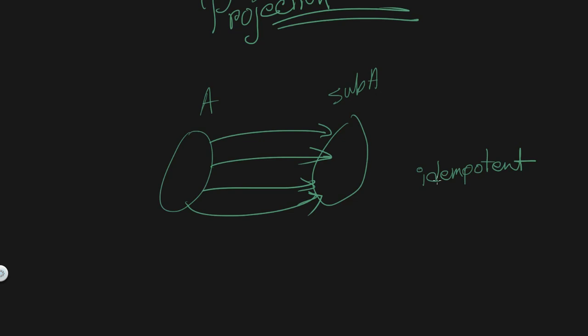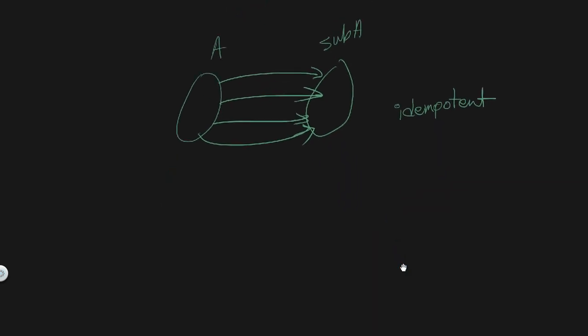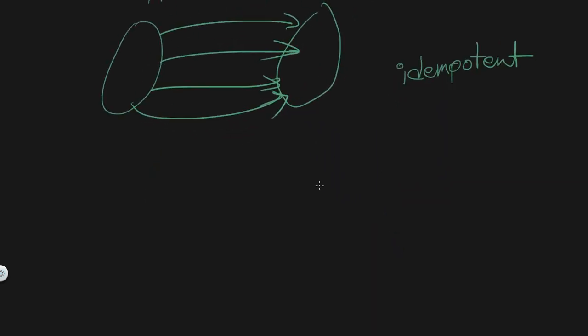For example, let's talk about projection. One very popular and real-life example of projection is the shadow of an object.